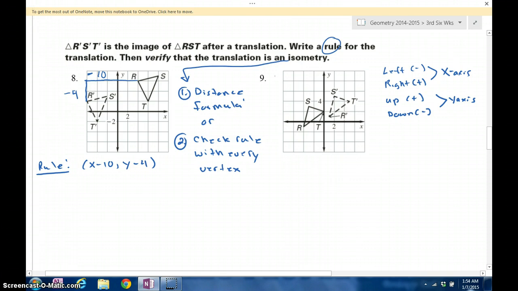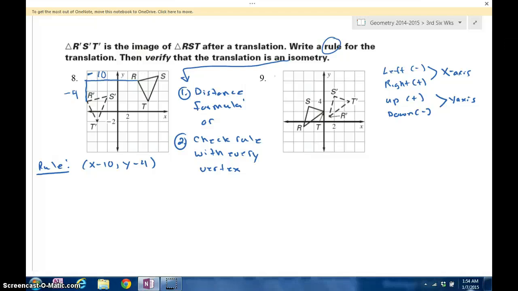Alright, so if the rule doesn't apply, so we have three vertices here because it's a triangle. If the rule doesn't apply to any one of them, in other words, if you follow your rule from one point to the other and it doesn't match up, then it's not an isometry. Something has changed in the size of that shape, so that by definition makes it not isometric. So that's how you would do it.